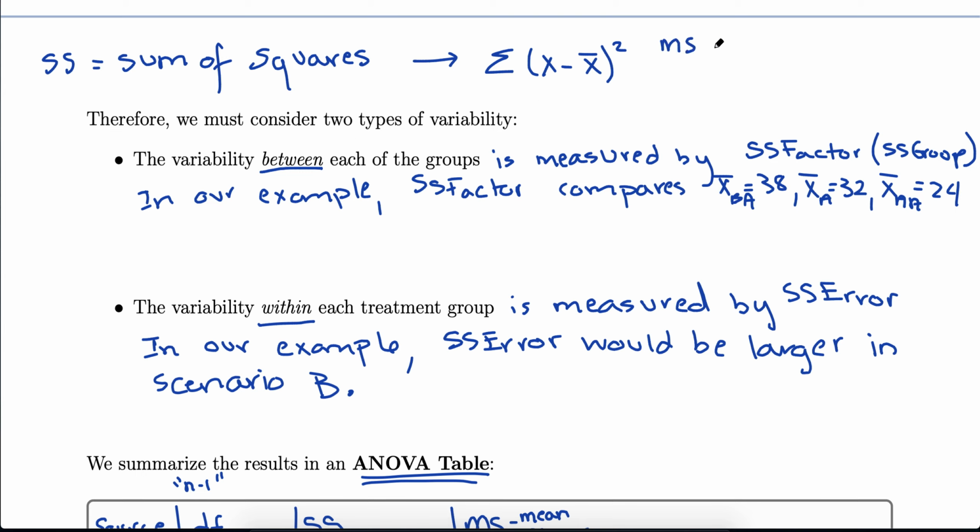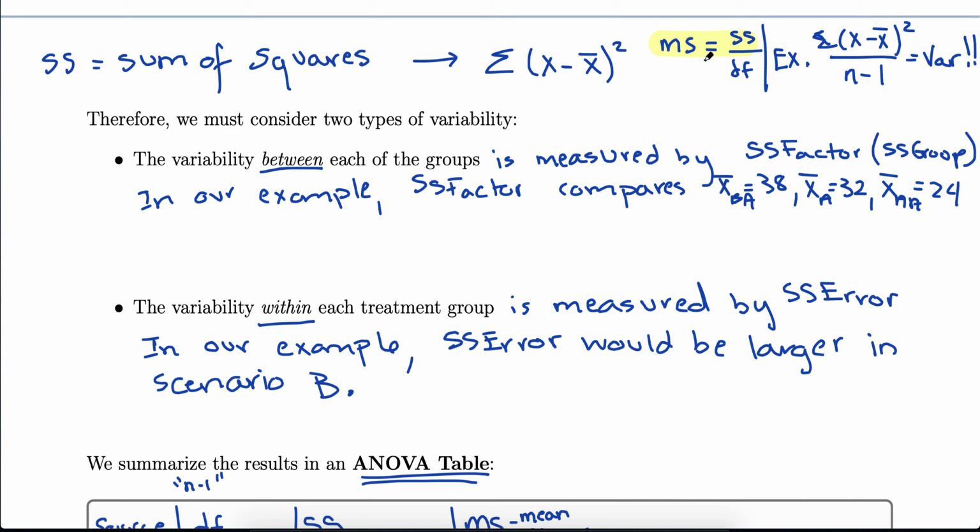So mean squares is going to be our sum of squares over its degrees of freedom. That's going to look like that sum of squares over its n minus 1, which is the variance. So this is our variance calculation, the sum of squares over its degrees of freedom.